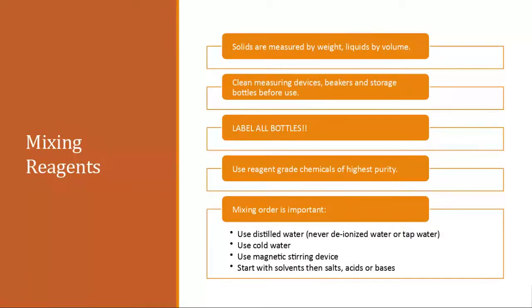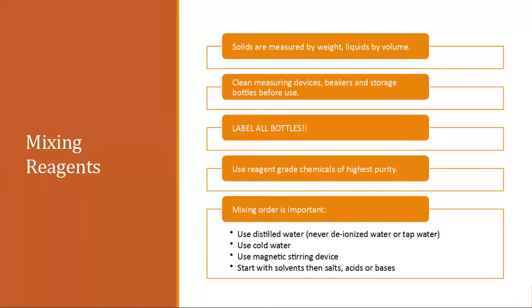When we're mixing reagents, solids are measured by weight, liquids by volume. You need to clean any measuring devices, beakers, and storage bottles before use. All bottles must be labeled. You have to use the highest grade or highest purity reagent for all chemicals. And the mixing order is going to be important.